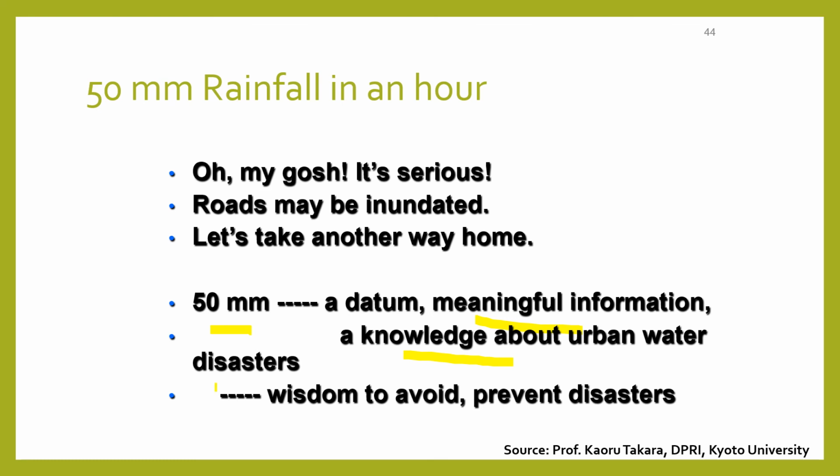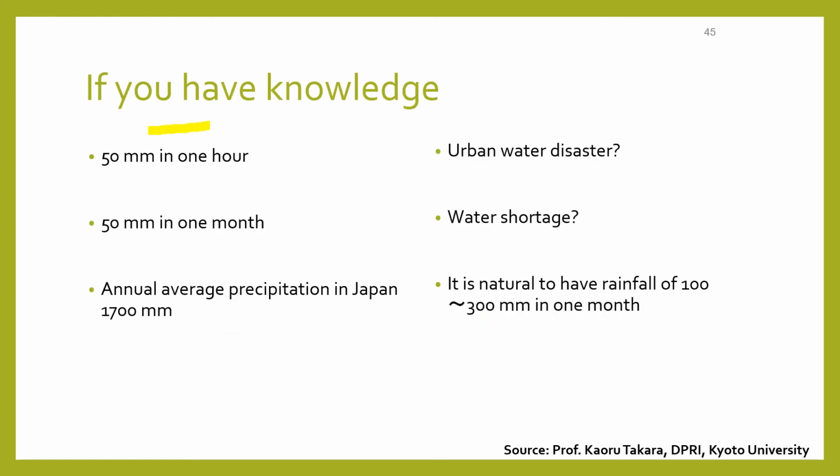So what can we do? In disaster management, there is some wisdom to avoid or prevent disasters. Again, if you have knowledge, 50 millimeter in 1 hour is an urban water disaster. And if 50 millimeter in 1 month, it can be a water shortage.